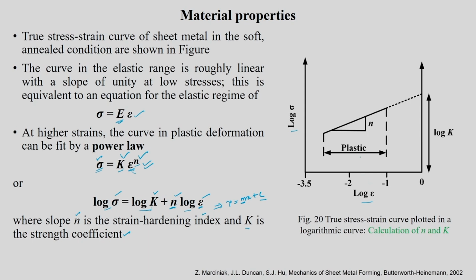Generally you get a straight line fit, but not all materials show one straight line, though most do. The slope of this line is given by n, so you will get one particular value here, and the intercept will give you K. In this way one can get K and n.